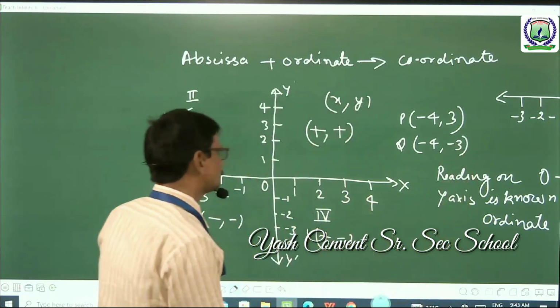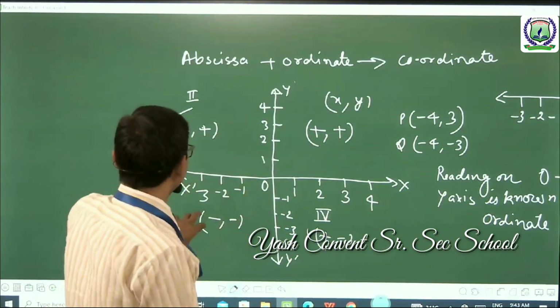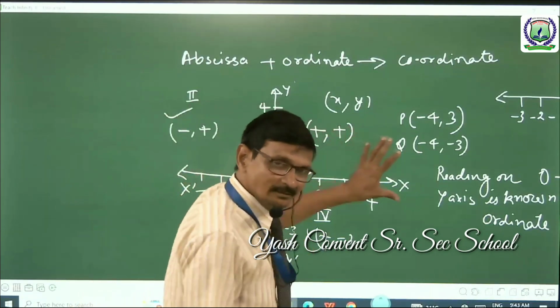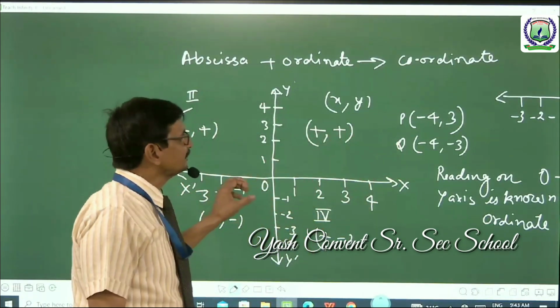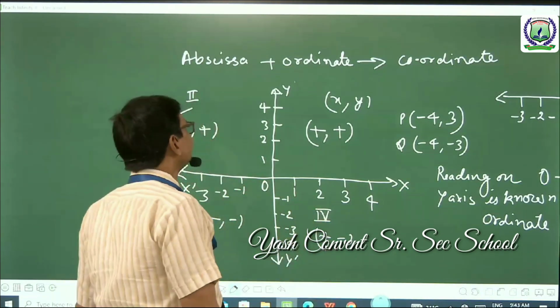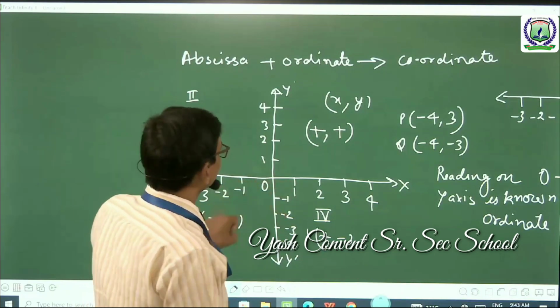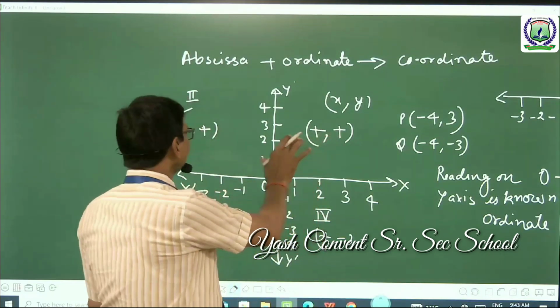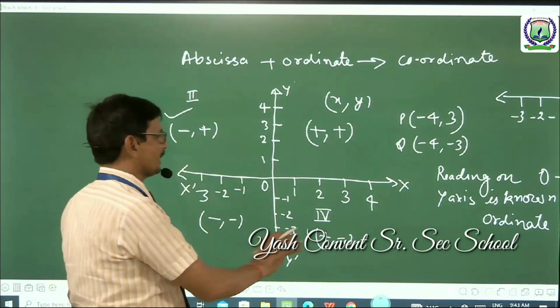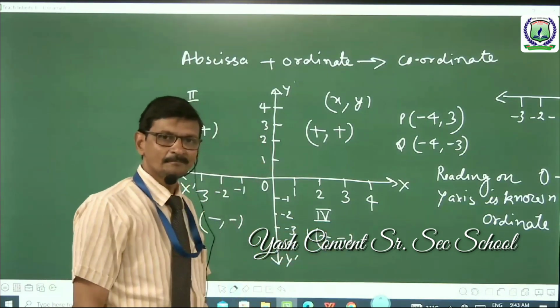It will lie in the third quadrant. So the signs are plus plus in the first quadrant, minus plus in the second, minus minus in the third, and plus minus in the fourth quadrant.